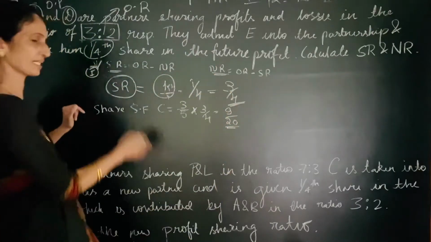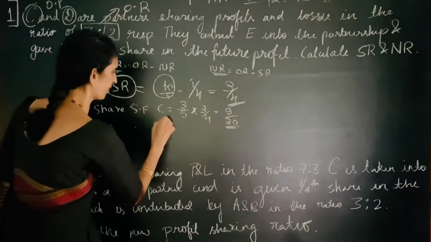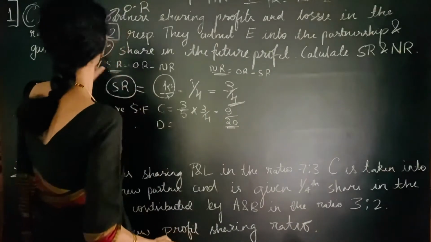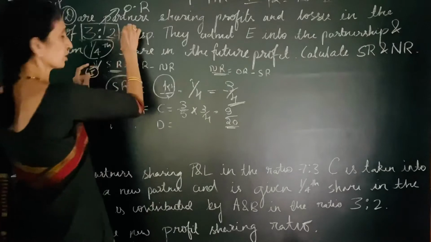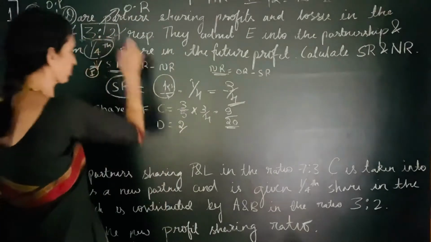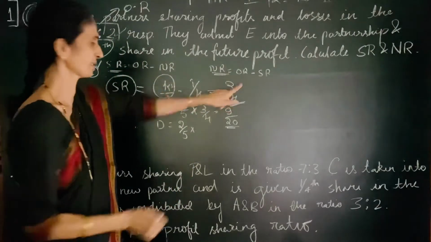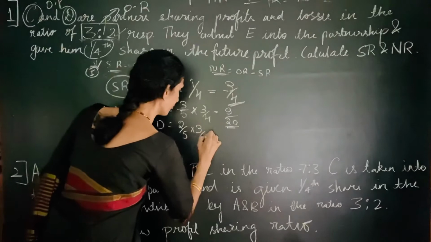Like that, we have to calculate for D also. The share sacrificed by D is equal to, his share here is 2. So 2 by the total, once again 3 plus 2, it is 5, into the share sacrificed, 3/4.